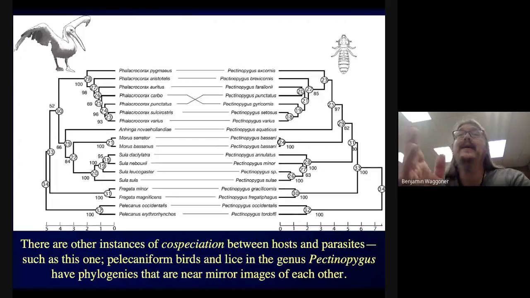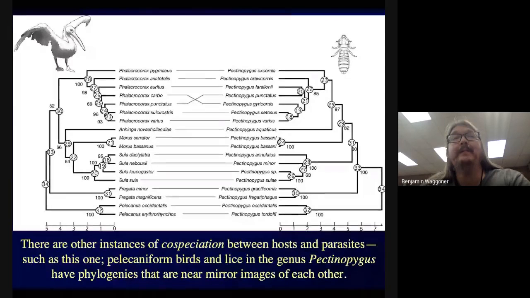On the right, that's the phylogeny estimated by looking at molecules of bird lice in the genus Pectinopygus. And with one exception, that little X that you can see above the center, that's the only case where the phylogeny of the parasites does not perfectly mirror the phylogeny of the birds. In every other case, every time the bird speciated, the parasites did too, and the phylogenies are practically mirror images of each other.